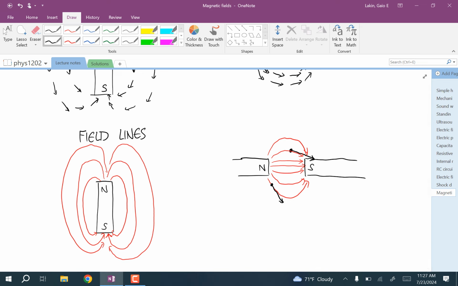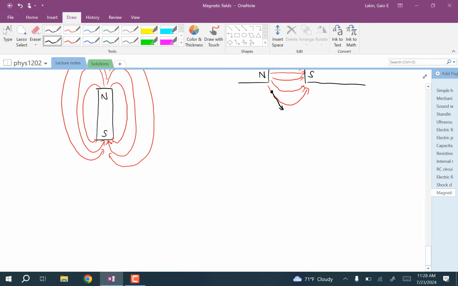And the closer the field lines are together, that means at that location, the bigger the magnitude of those magnetic field vectors are. So since between this north and south pole, the field lines are closest together, going straight across, that's where the magnetic field is the strongest. And that's where the B vectors, the magnetic field vectors, have the biggest magnitude.